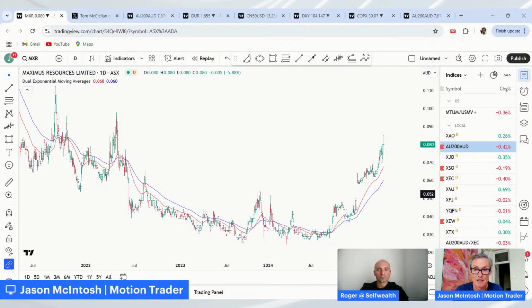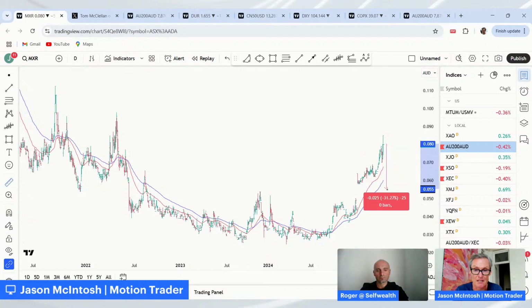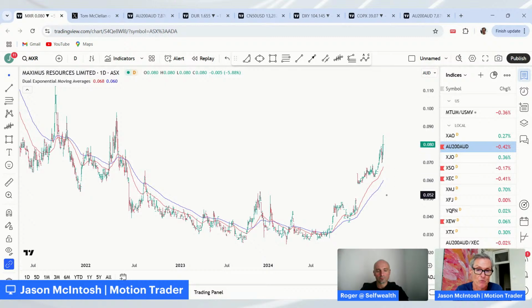Probably wouldn't buy it at this point because it's a trickier one to manage the risk on. You're 31% away just to get below the 100-day moving average, and we're in a difficult environment. So if I wasn't on, I'm not getting on. But if I did happen to buy this initial breakout, by all means, let it run.